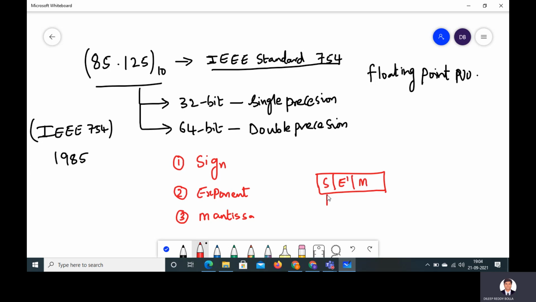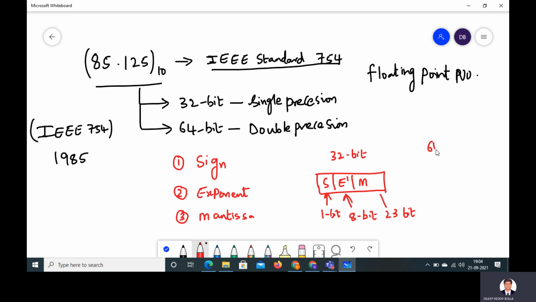The sign bit is a 1-bit value. If we talk about 32-bit single precision, the exponent will be an 8-bit value, and the remaining 23 bits of the 32 will be for the mantissa. This is for single precision.